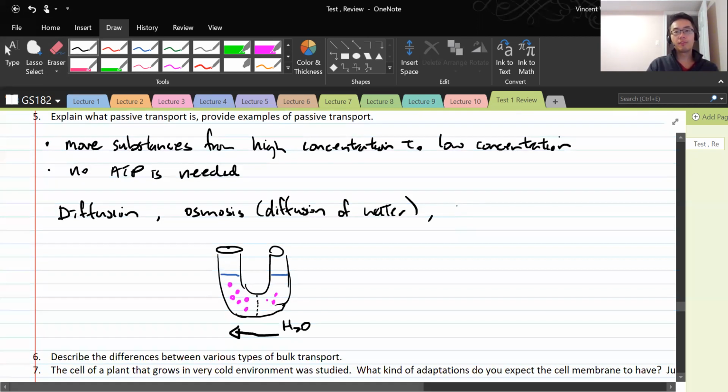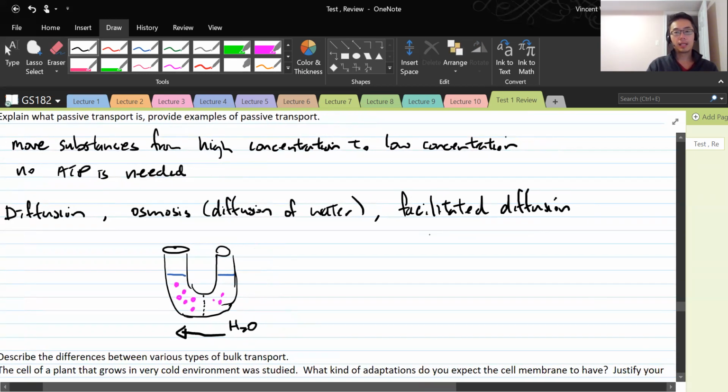There is also facilitated diffusion. Okay. And then there are two types. There is the carrier protein, and then there is the channel protein.